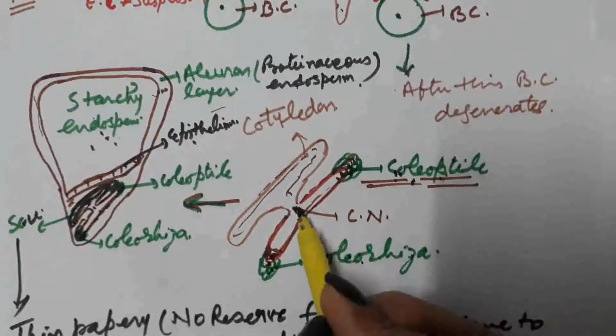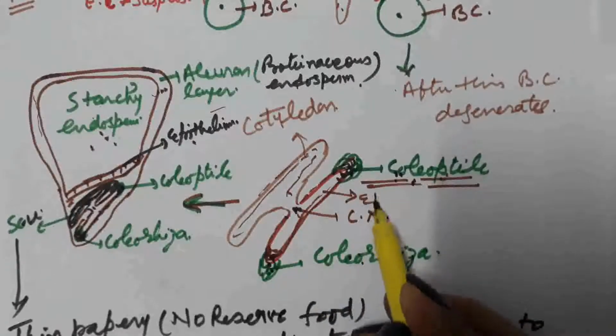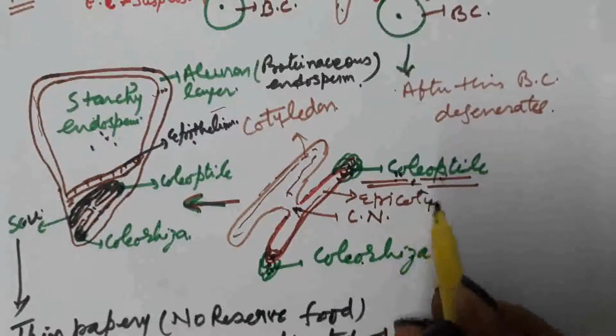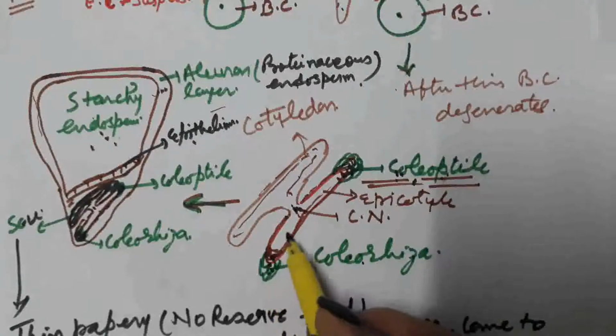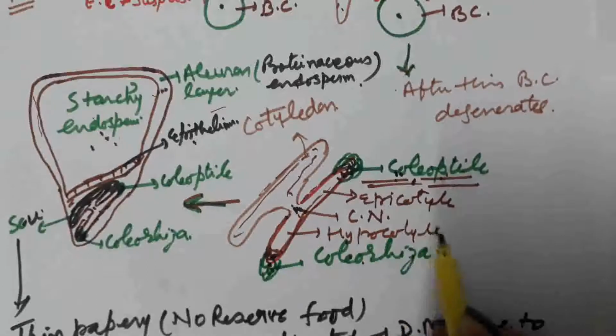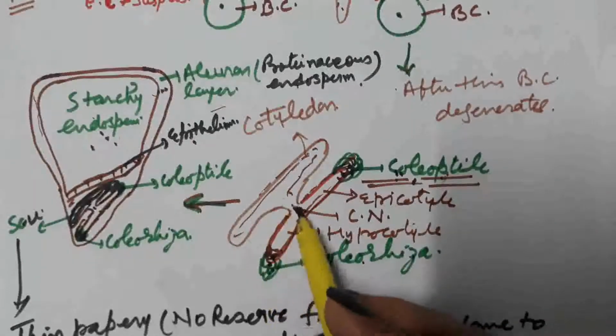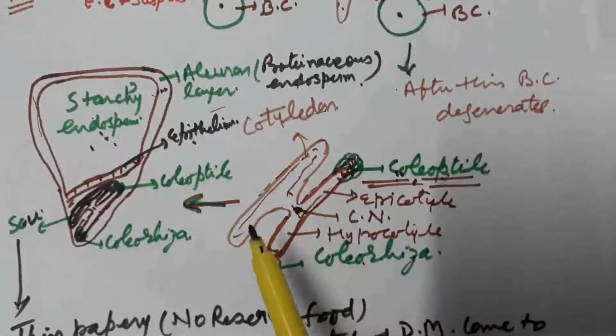In between cotyledonary node and coleoptile, this is known as the epicotyl. And the region between cotyledonary node and the coleorhiza is known as the hypocotyl. This is the single cotyledon which is attached with the embryonal axis. We call it scutellum.